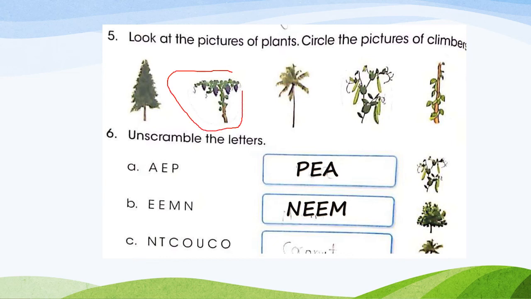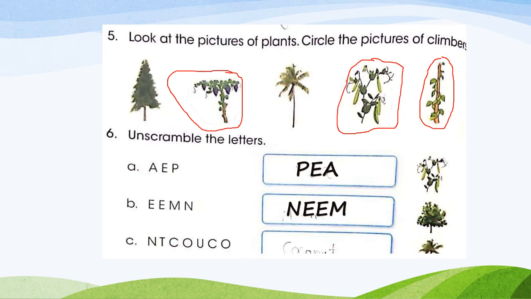This grapevine, and the pea plant is also a climber, so circle this part also. And the money plant is also a climber, so circle this plant also. So I have done the fourth part.